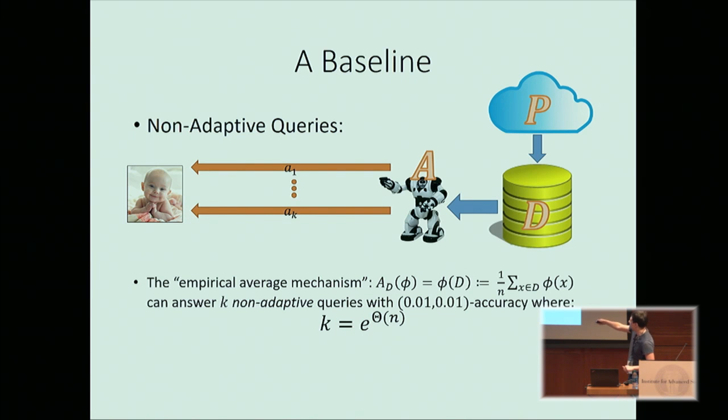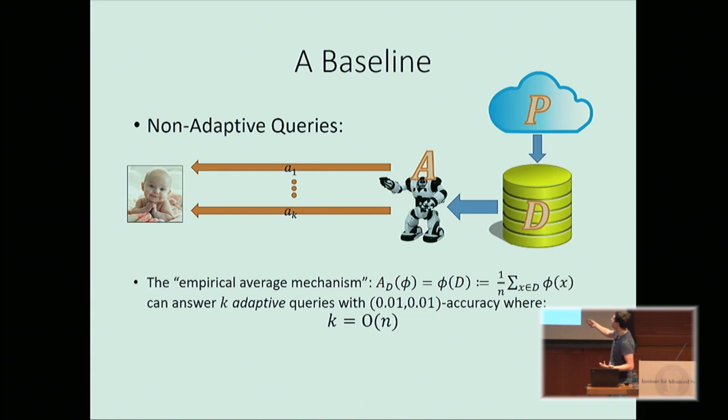Okay? Here we could answer exponentially many queries with the obvious mechanism, and when we introduce adaptivity, you can't answer even linearly many. Okay. By the way, the reason that the same analysis for the empirical average mechanism no longer goes through is because the empirical average is no longer an unbiased estimator for the true value of this query when the query itself is a function of the data set.